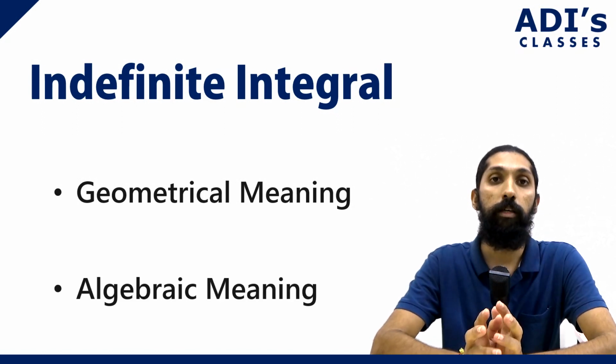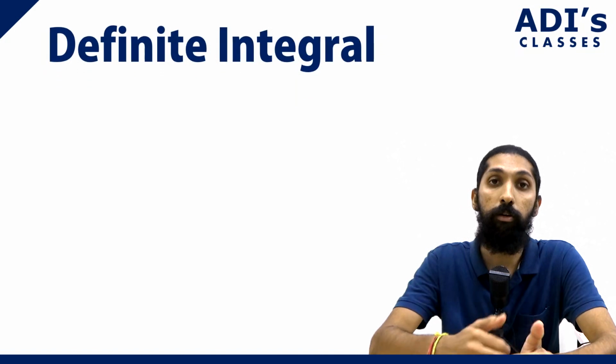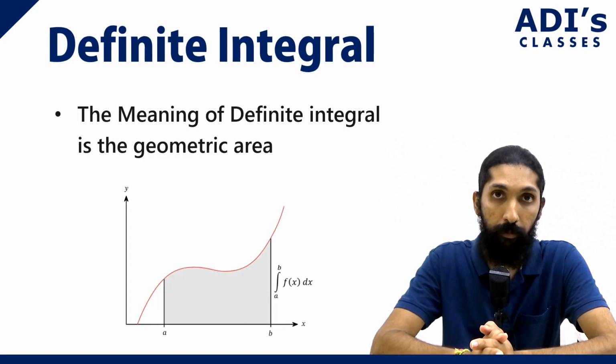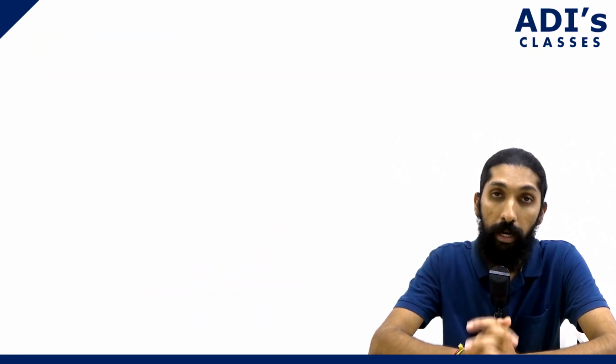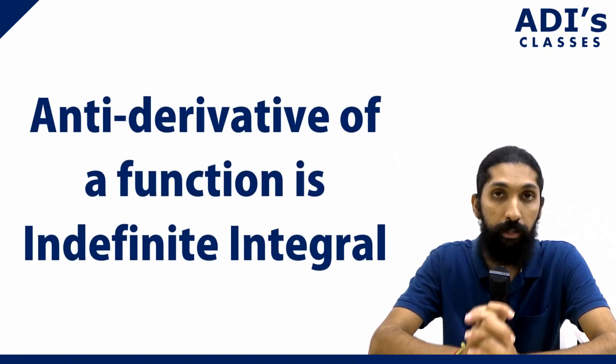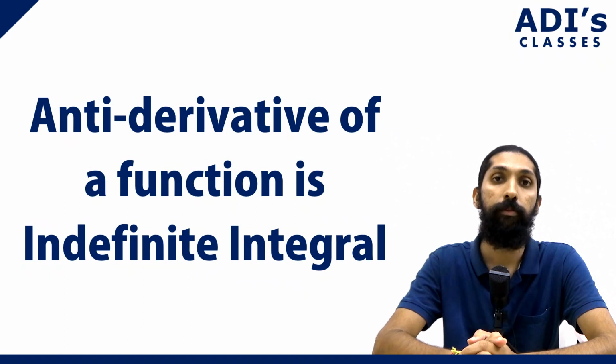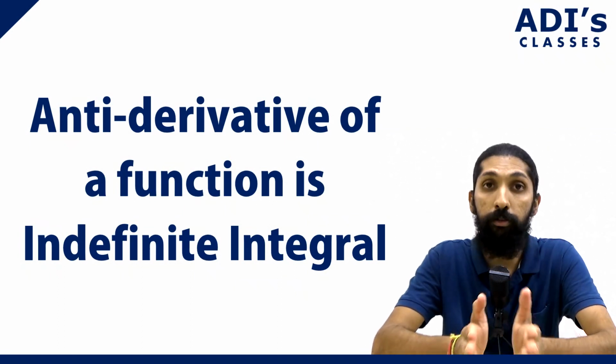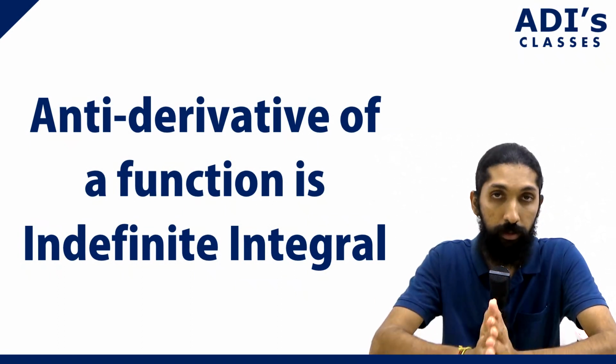Fine. Then for the definite integral, mostly we talk about the geometrical meaning, and whenever we talk about the antiderivative of a function, that is basically the indefinite integral. Fair enough?